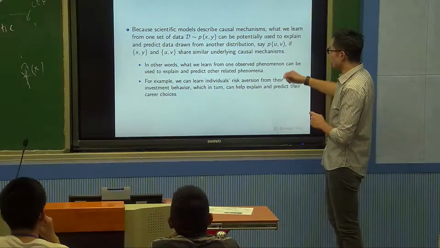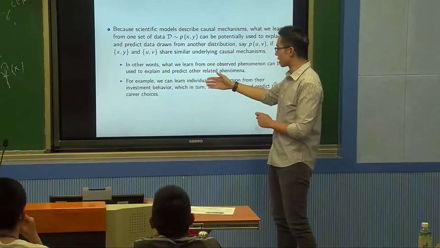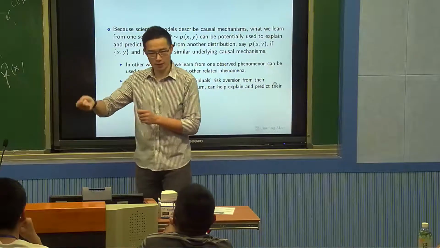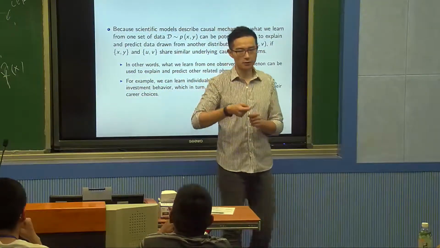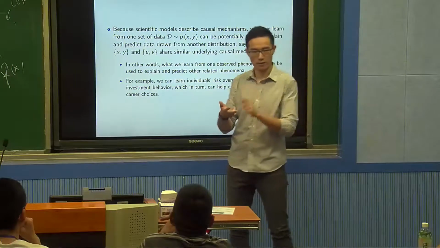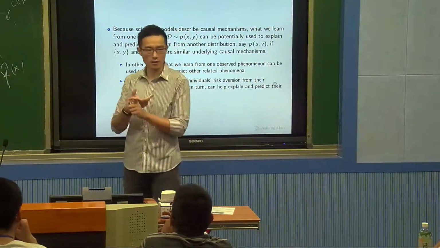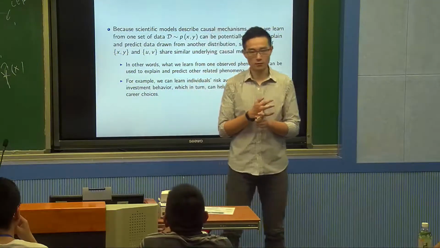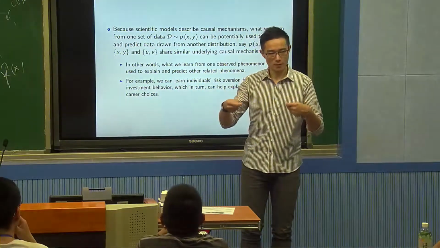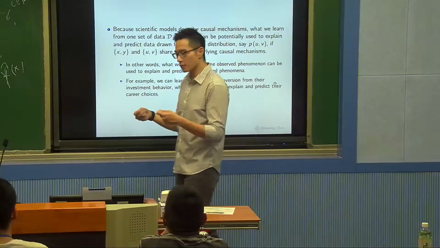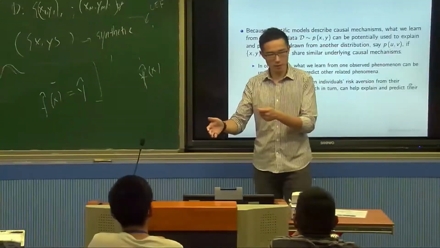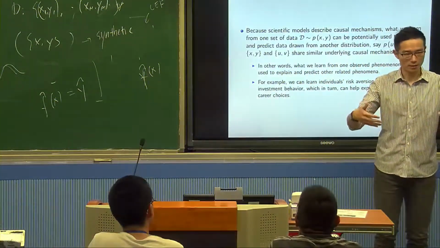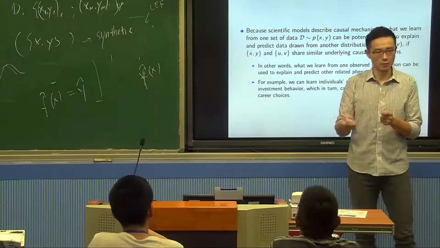For example, if you believe that a single risk aversion utility specification describes a person's investment behavior, betting behavior, and career choice behavior, then you can look at the data on a person's investment behavior and data on, let's say, labor supply behavior, and combine those data to estimate your underlying risk aversion parameter.